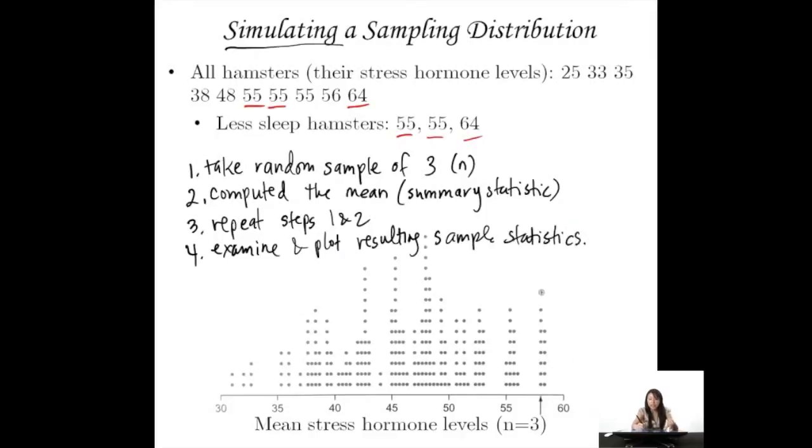So here, these are all means, right? So that's a mean, that's a mean, that's a mean, right? It's a mean of 3 that have been selected, right? And so if we repeat these 2 steps over and over again, and then we plot it, then we'll see the distribution of sample statistics, right?